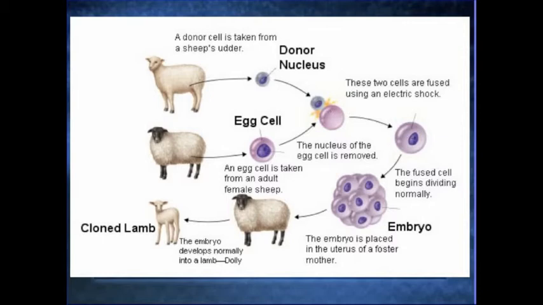So this newly formed egg cell had the exact same genetic makeup as the donor. They then gave the egg cell an electric shock to get it to begin mitosis, and it started forming into an embryo. That embryo was inserted into a surrogate sheep, and eventually that surrogate sheep gave birth, and we ended up with the cloned animal. This animal here is genetically identical to the donor.